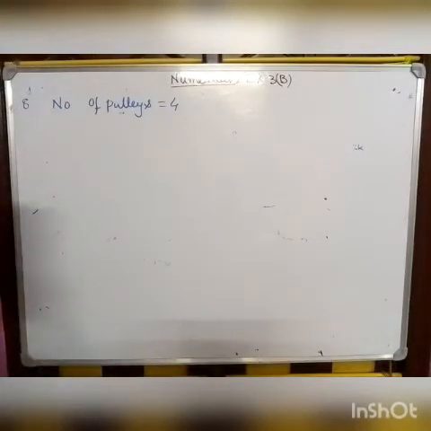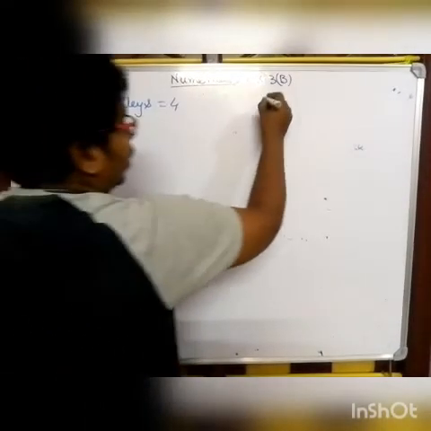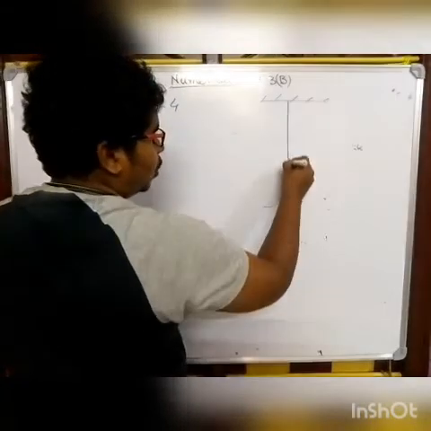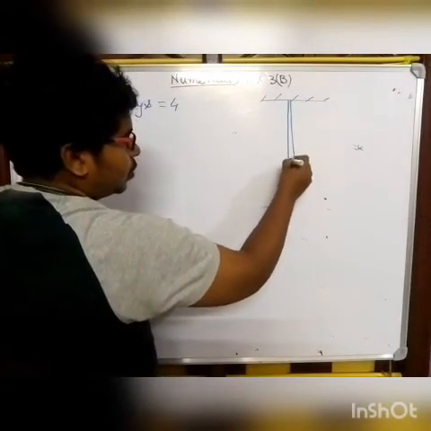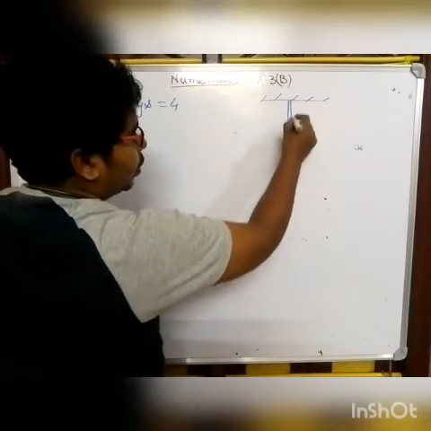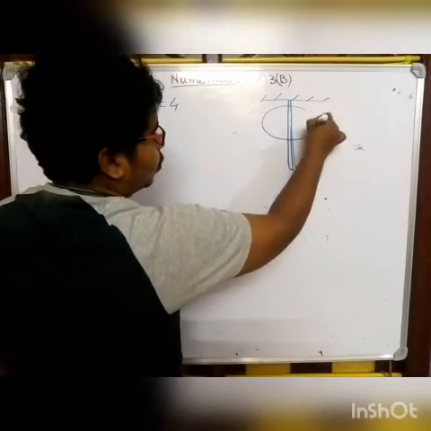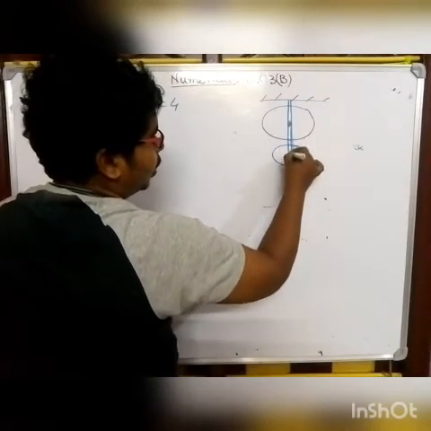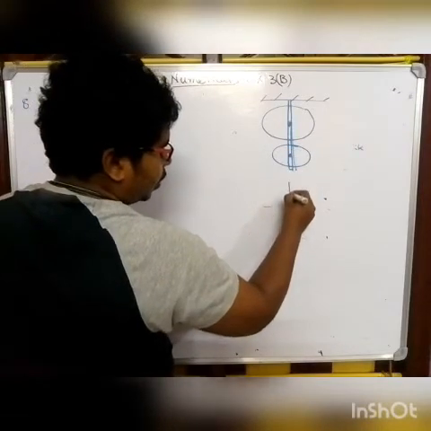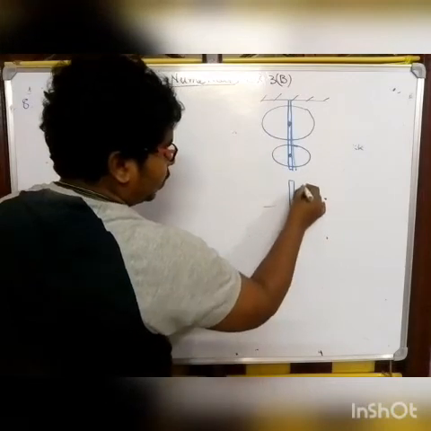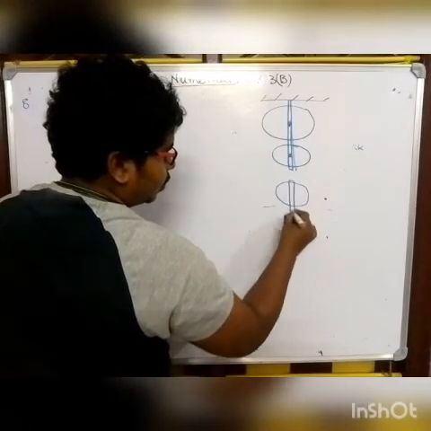Now we'll go for the first question. How many strands of tackle are supporting the load? I have drawn the diagram, it's no need to draw, but then also I have drawn this. Okay, so here it is first pulley, then it is second, so our block is completed, and then we will go for the tackle. Okay, so this one is also done.